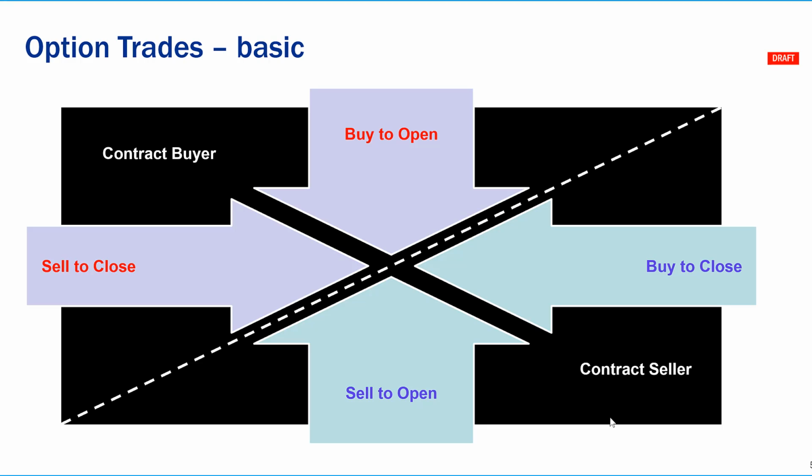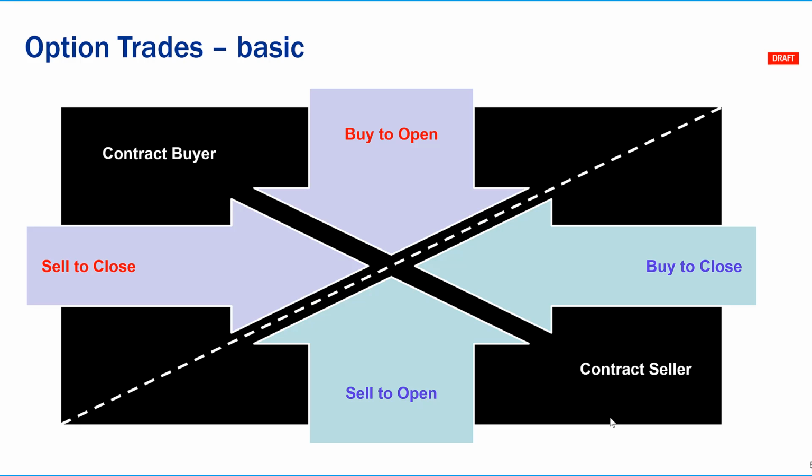So when you buy to open a contract, let's say you're buying to open a call option, the seller will sell to open. The seller is the originator of the contract, so they open up the contract, but then they will have the obligation to honor that contract if it is fulfilled by a buyer buying to open.